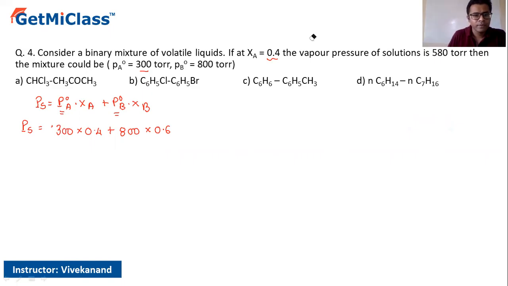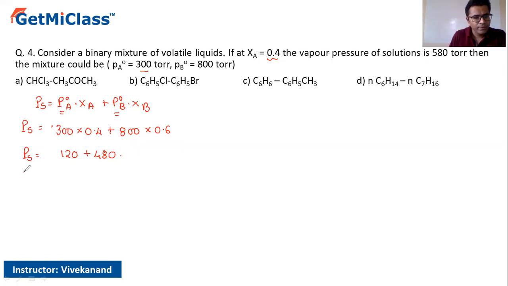right? And so now PS, that is the pressure of the solution, is equal to 300 into 0.4, and that would give us an answer of 120, plus 800 into 0.6, that would give us the answer of around 480.